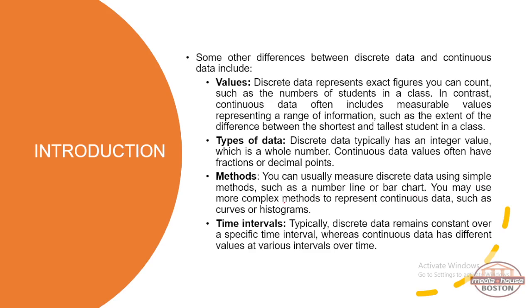But you may use more complex methods to represent continuous data, such as a curve, histogram, stem and leaf plot, or the plot graph, where you just plot points. And then time intervals. Typically discrete data remains constant over a specific time interval, whereas continuous data has different values at various intervals over time. So these are the differences between discrete data and continuous data.